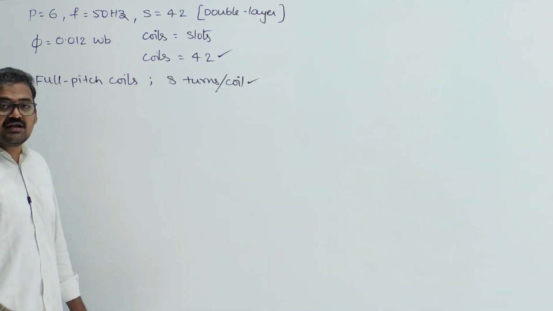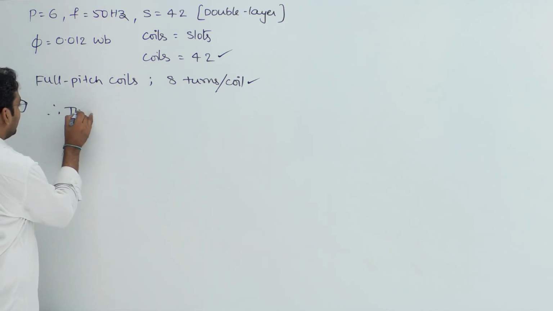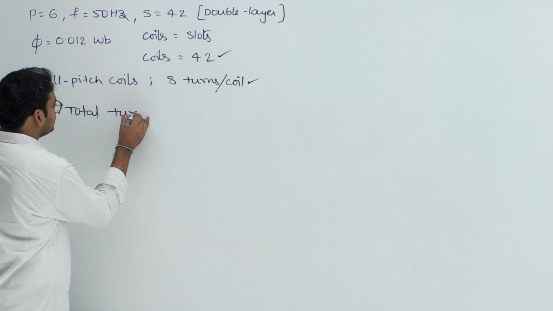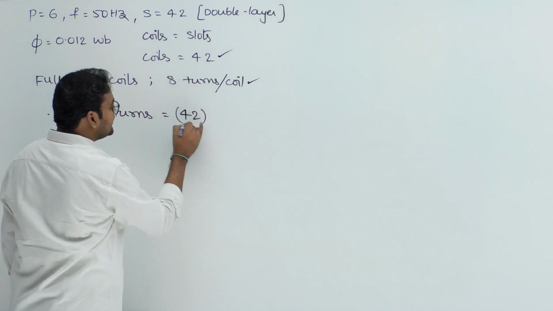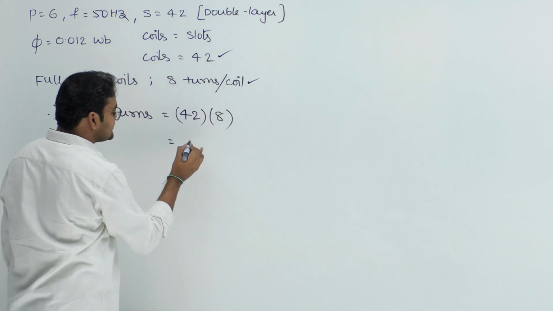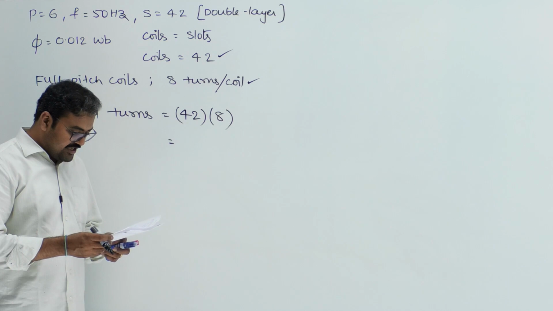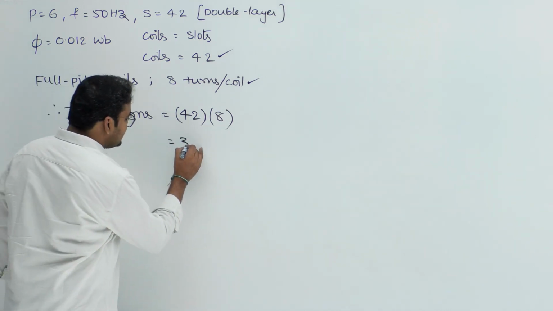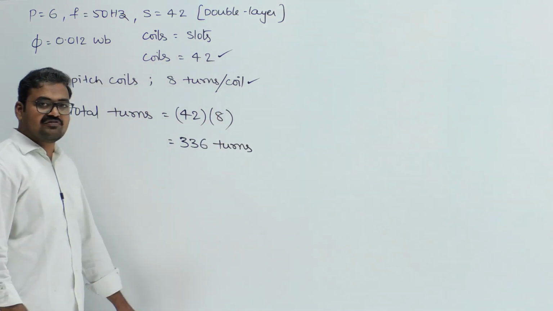Can you calculate how many turns there will be overall? Total turns are equal to 42 into 8, which is 336 turns, the complete number of turns.